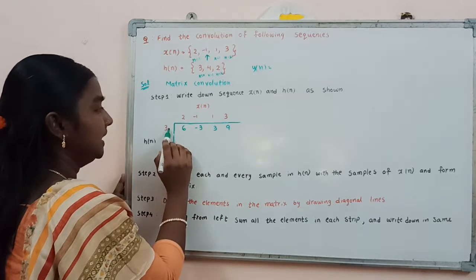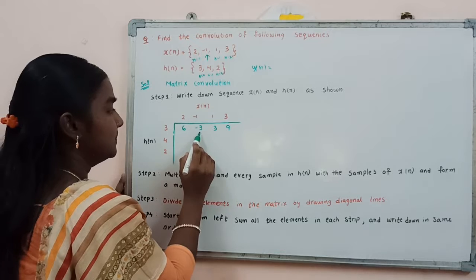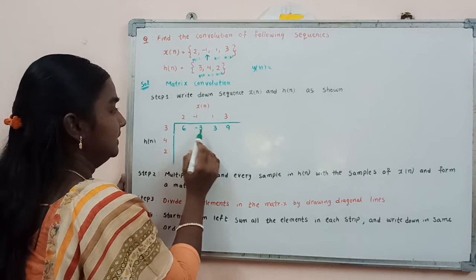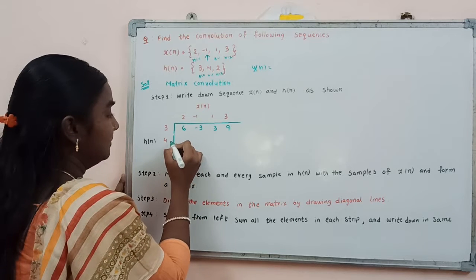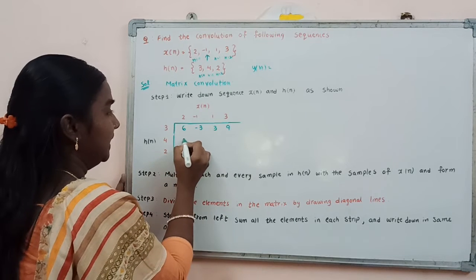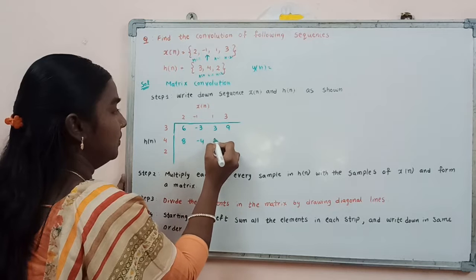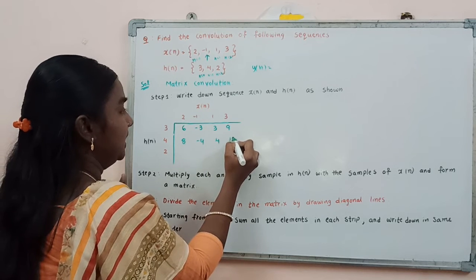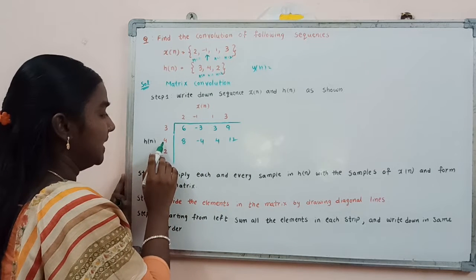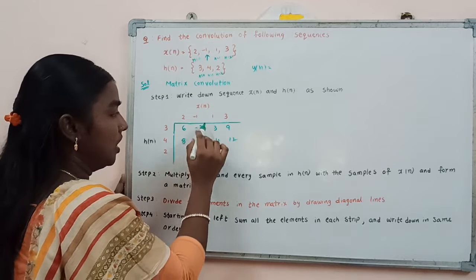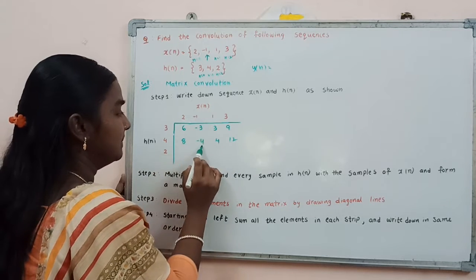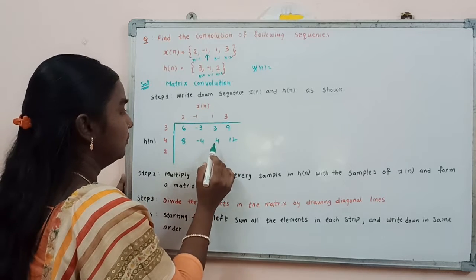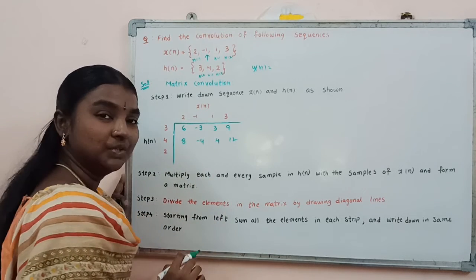We are multiplying 3 into 2, 3 into -1, 3 into 1 and 3 into 3, which is 9. In this manner we find the second row also: 8, -4, 4, 12. Here we are multiplying the second row with all the columns: 4 2s are 8, 4 into -1 is -4, 4 into 1 is 4, 4 3s are 12.